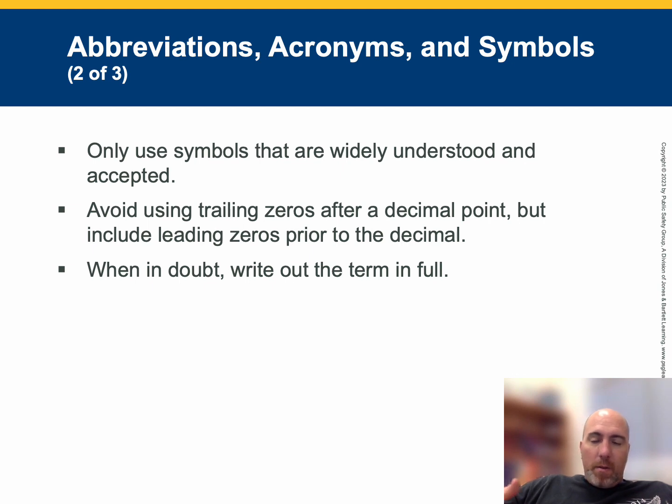If you're using the 0.5, put the 0 in front of it. If you're using just the 5, just leave it as 5. Because if you use 5.0, that could be misread as 50 milligrams. So just be mindful of that.